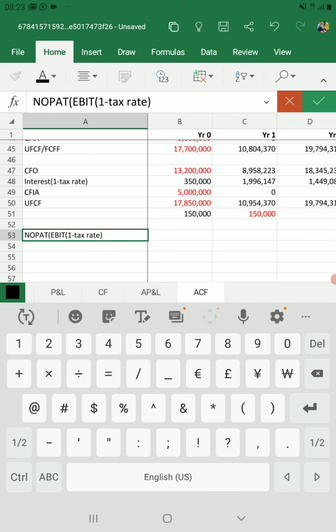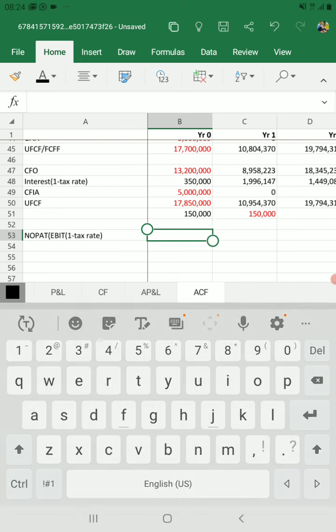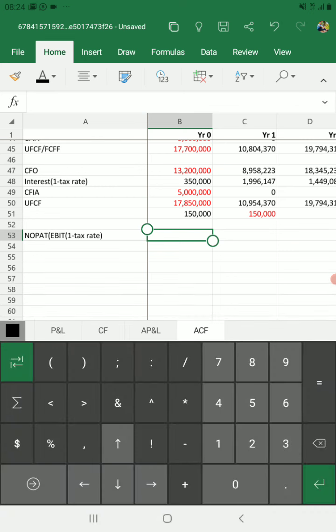So this approach now uses the income statement, while this one we use cash flow statement. This one now we are using income statement. So this figure for EBIT comes from income statement, and in our case, I start with equal sign and then go to annual P&L sheet here.